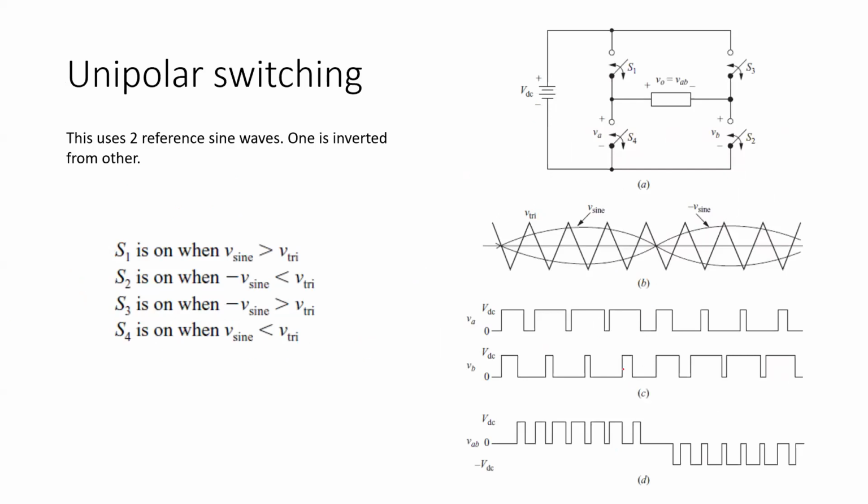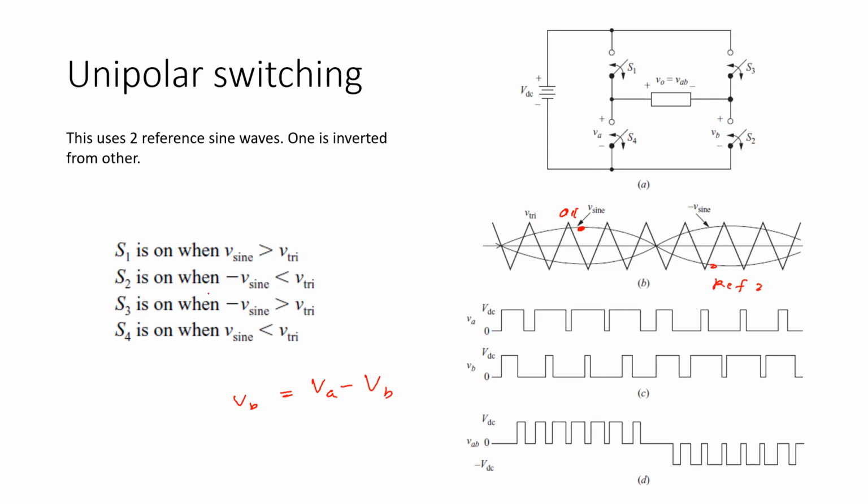What we do here is unipolar switching, so our voltage output is taken from VA minus VB. The switching characteristics are a little bit different. We have two references here, V sine and V negative sine. This is the first reference, ref 1, and this is ref 2.